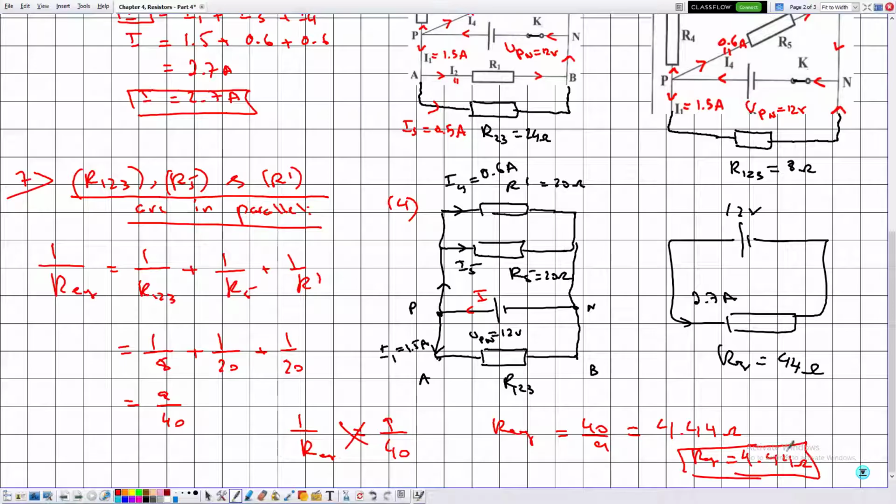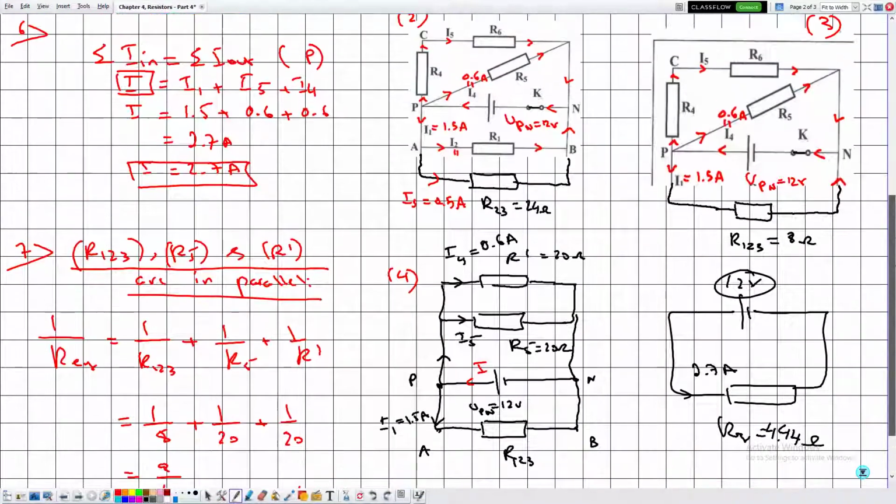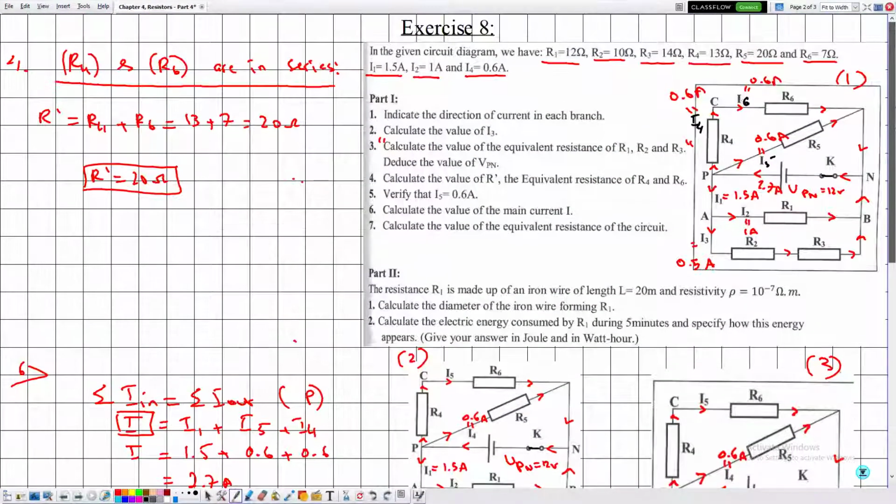So as a double check, 4.44 multiplied by 2.7 must give us 12. That's a check, because this is Ohm's law. And it's indeed 11.98, which is rounded to 12. Okay, so all our calculation is correct. So now we can move on to part 2.